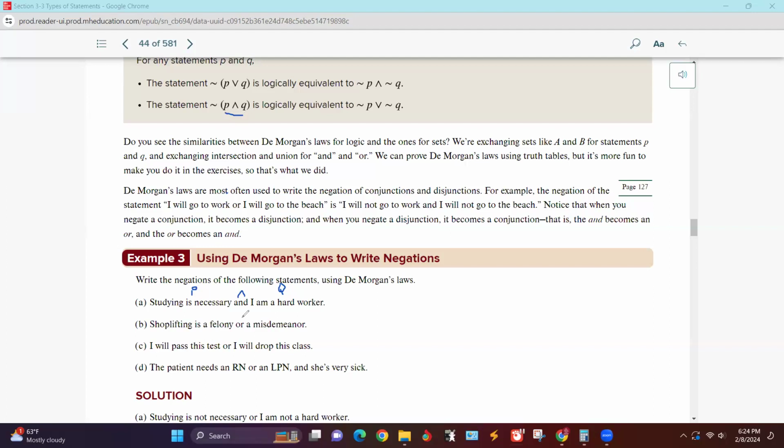That's what this is. So if we negate the whole statement, all right, then that's going to be this up here, not P and not Q.